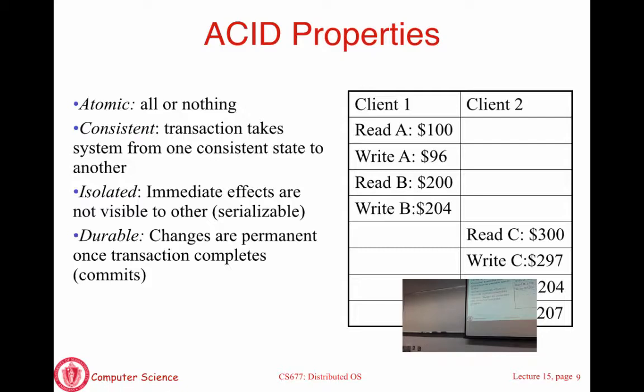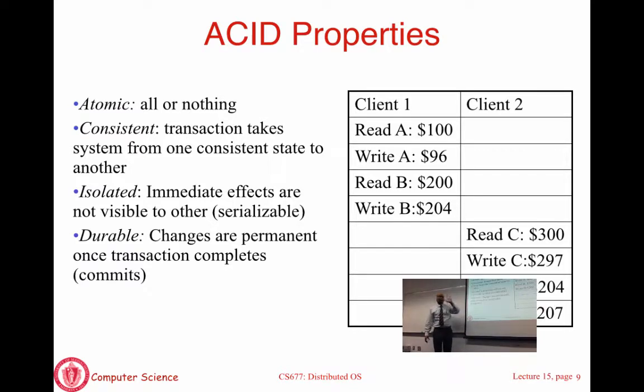You cannot have money in a bank disappear because you withdrew it from one account, but before you deposited it in the second account, the process crashed. So it should either be all of these executed successfully or none of them executed. If you crash in the middle, you have to somehow undo whatever you've done and go back to the state you started, so it is as if that process never even executed in the system. That is atomicity.